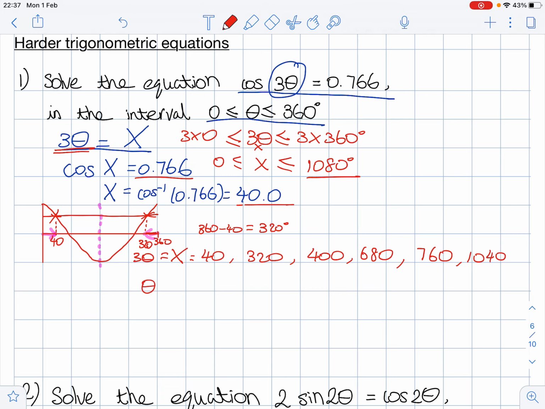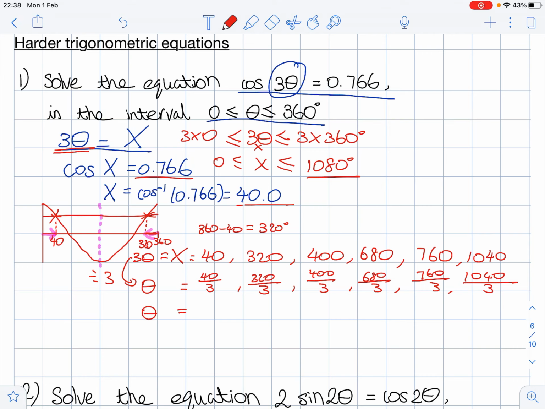But what I'm really interested in is the values for theta. So how do we get from 3 theta to theta? We divide by 3. So we need to divide all those values by 3: 40 divided by 3, 320 divided by 3, and so on.